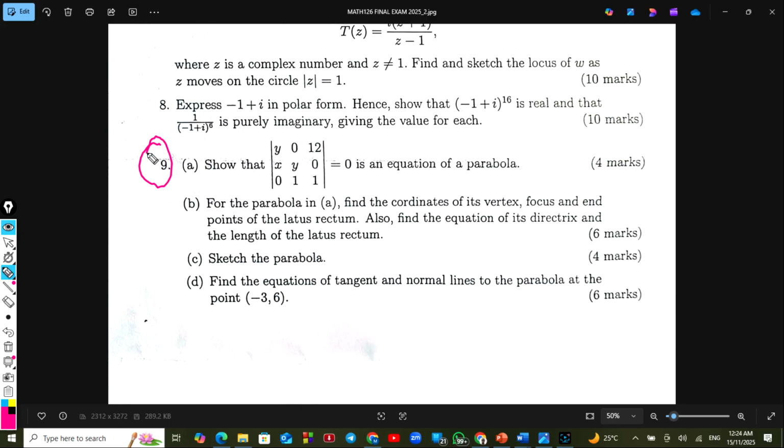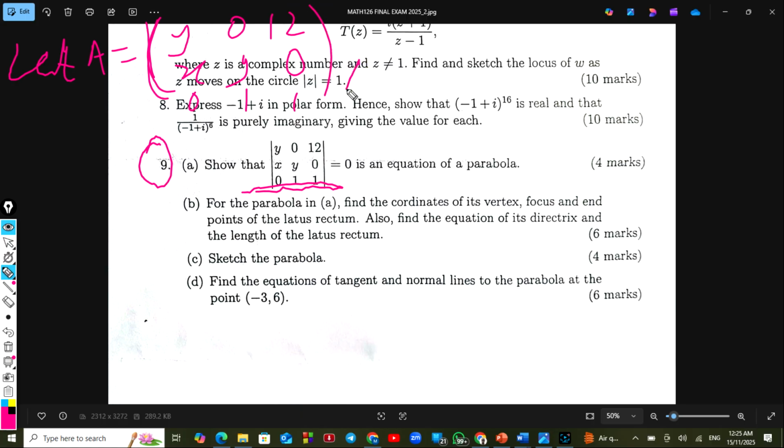The determinant of this matrix, let me name the matrix A, equal to the matrix with rows y, 0, 1/2; x, y, 0; then 0, 1, 1.